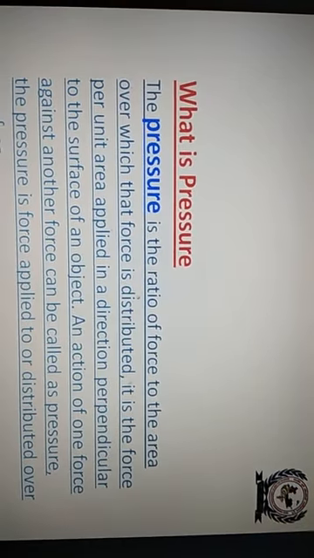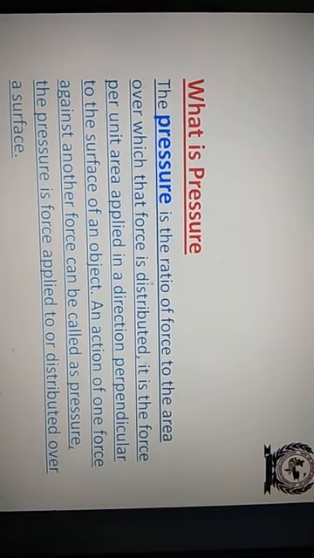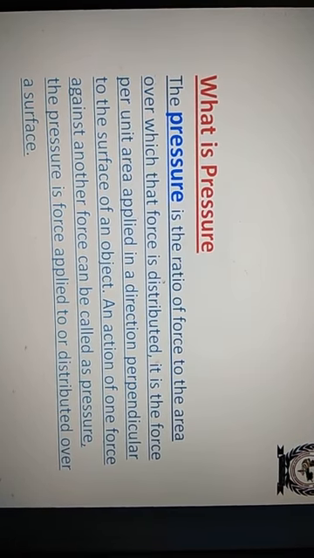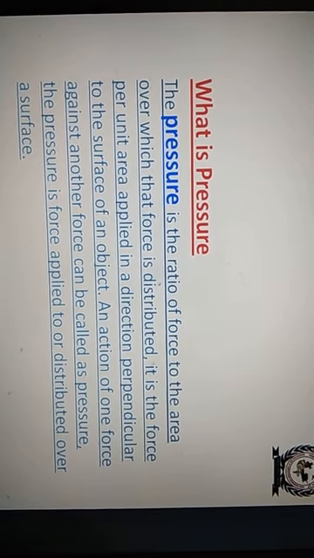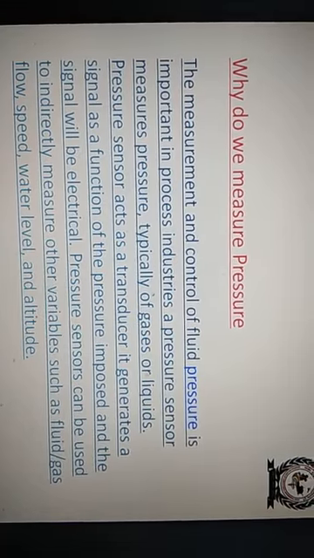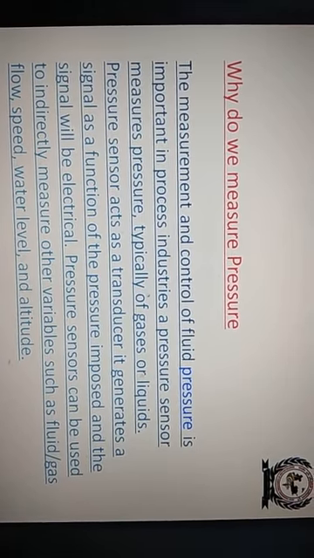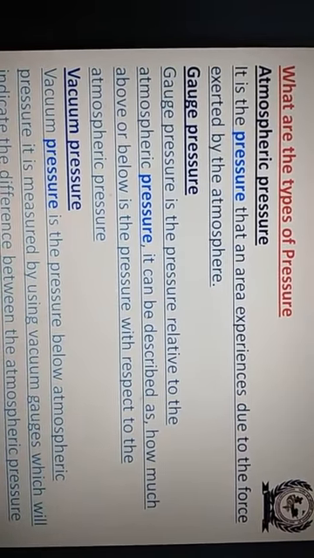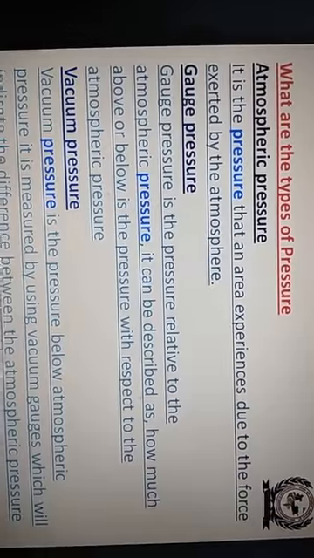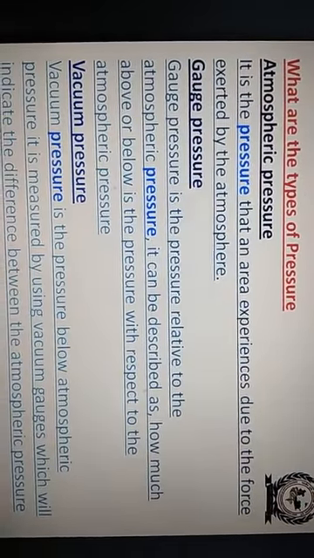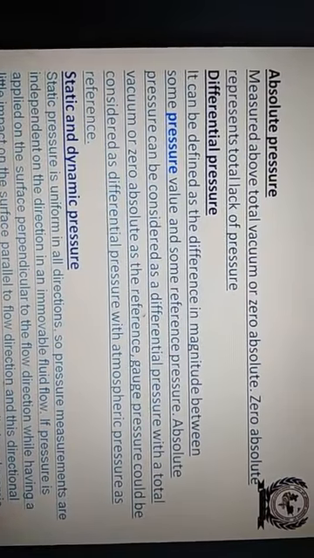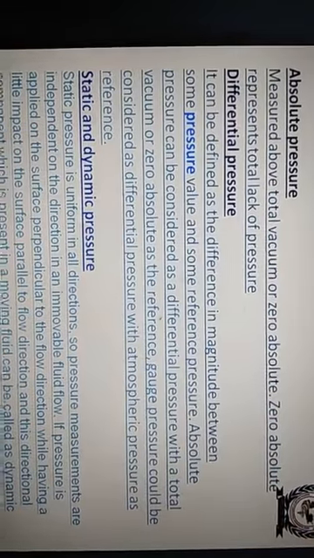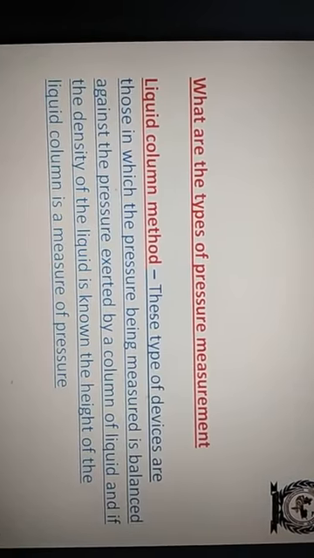Let us see what we have seen in the last video. We have gone through what is pressure, why we measure pressure, and the types of pressure: atmospheric pressure, gauge pressure, vacuum pressure, absolute pressure, differential pressure, static pressure and dynamic pressure.